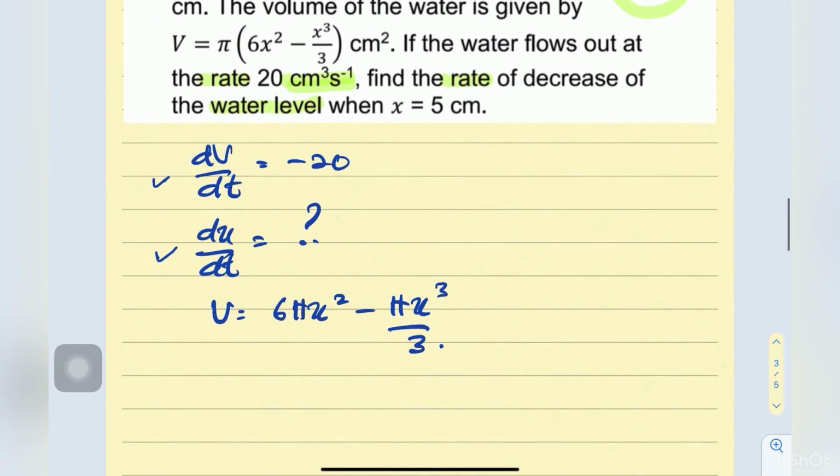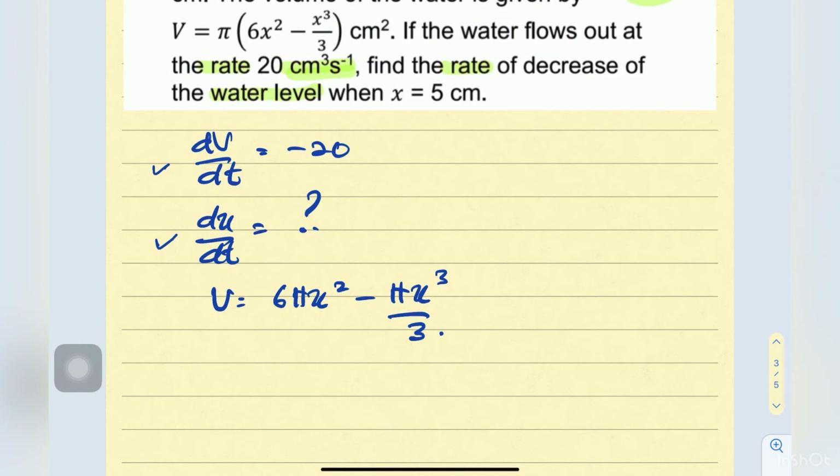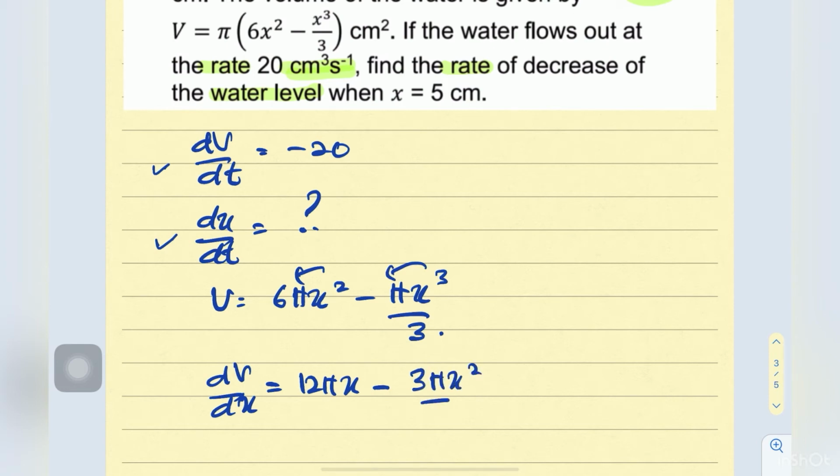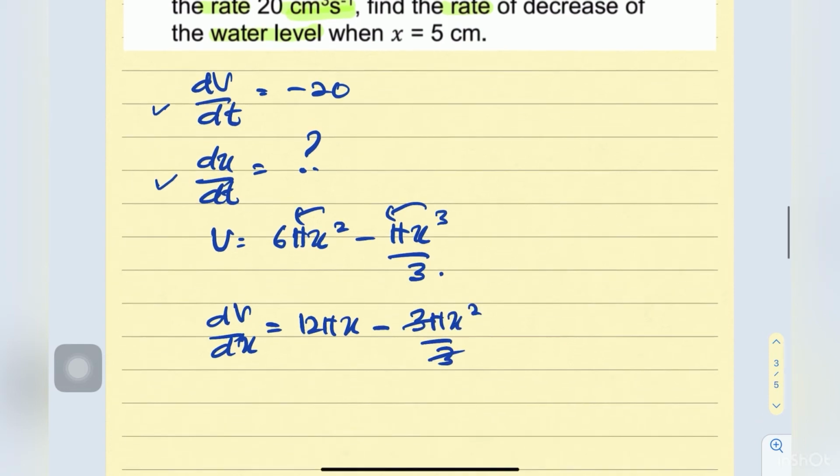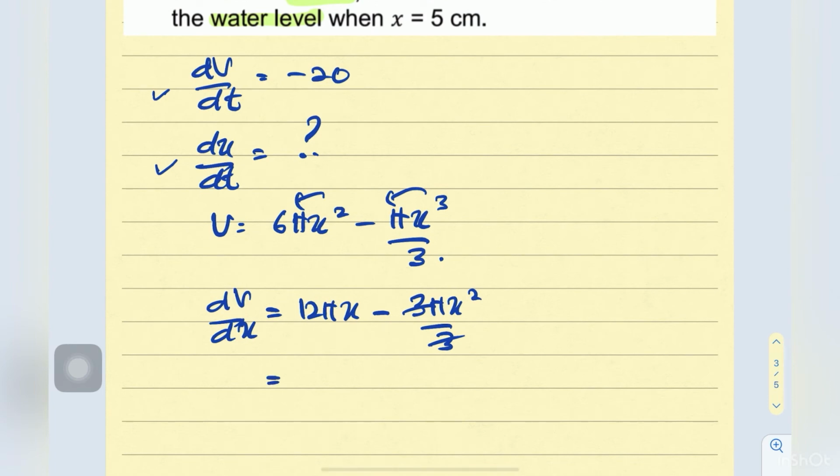Then we differentiate, we get dV/dx. So dV/dx becomes 12 pi x minus 3 pi x squared over 3. So this one dV/dx equals to 12 pi x minus pi x squared.